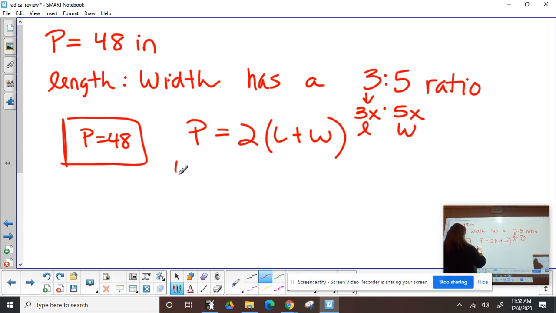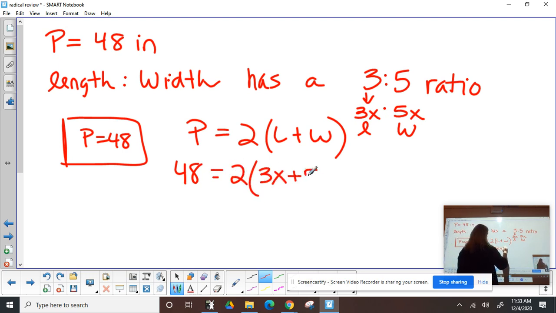So I would set up the perimeter, which is 48, equal to 2 times 3x plus 5x. I'm replacing the length with 3x and the width with 5x. And this is true for every problem that gives you these little ratios. You just add x to each of the parts of the ratio.